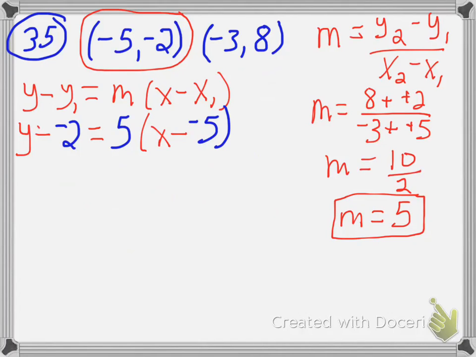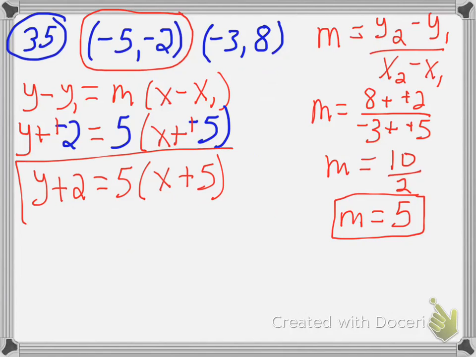Now minus a negative becomes plus. So that would be y plus 2 equals 5 times (x plus 5), since minus a negative on that one also becomes plus. And that is your answer in point-slope form for number 35. And that concludes the video tutorial for section 2.4.